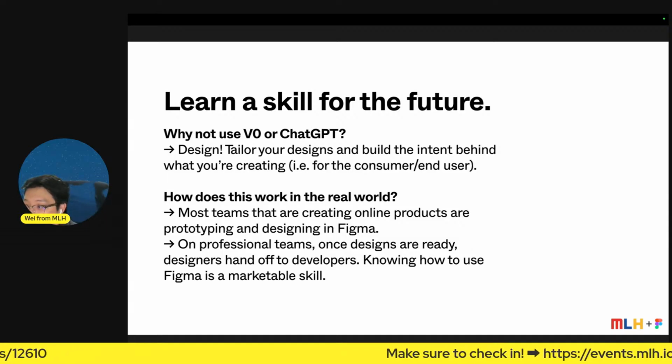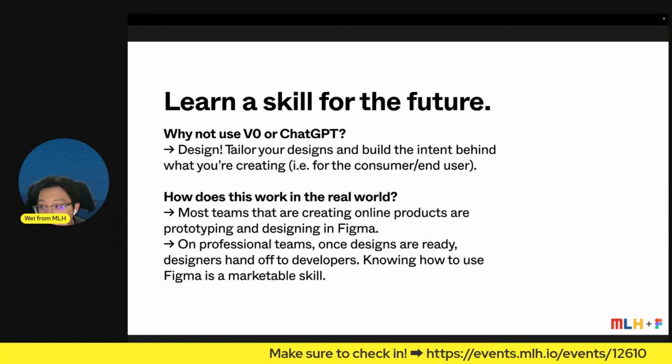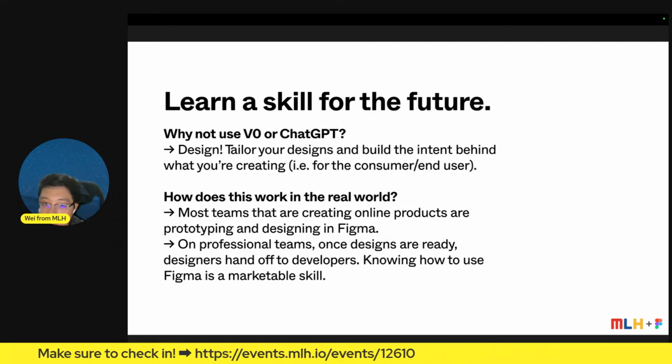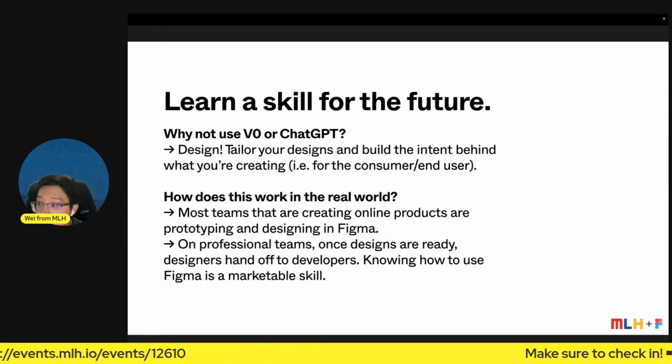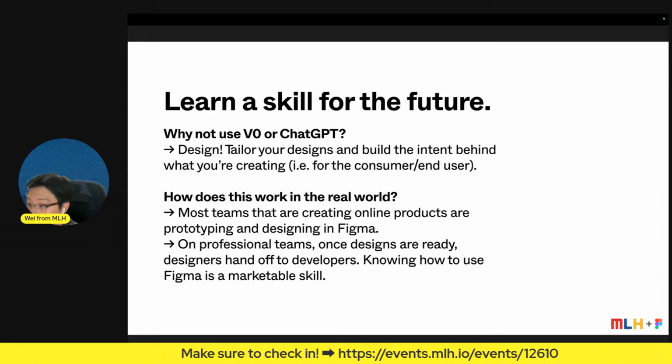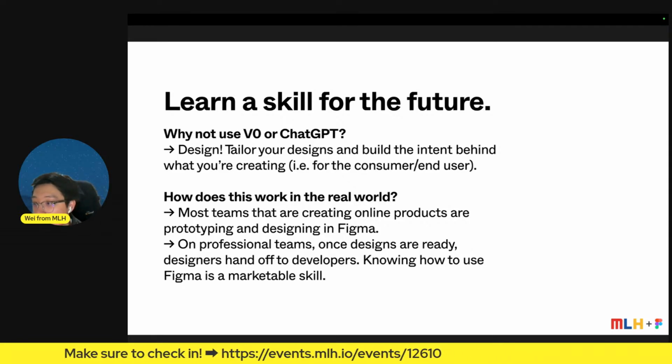By designing with Figma, you have more time, you have more chance to think about design instead of AI deciding on everything for you. And most online products are designed by teams that use Figma. So I highly recommend you learn this as your skill and put it on your resume.